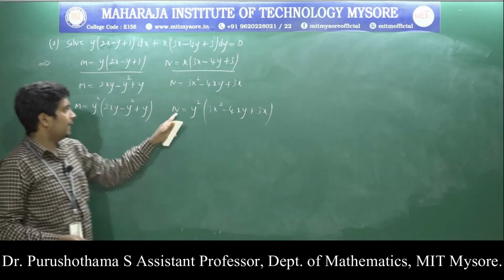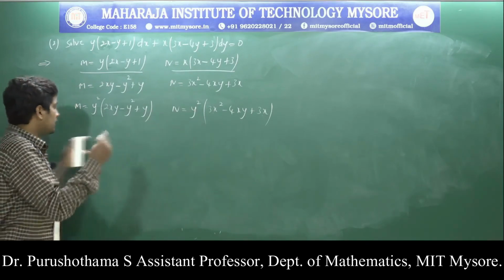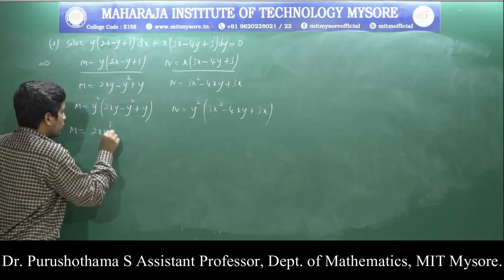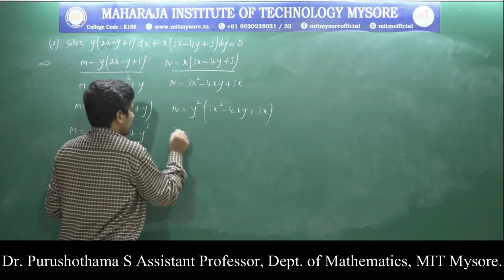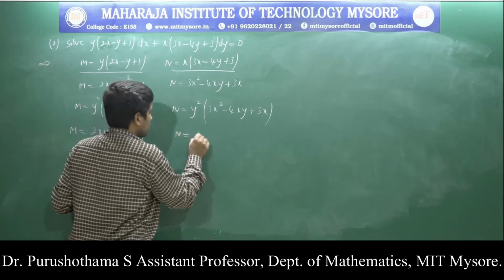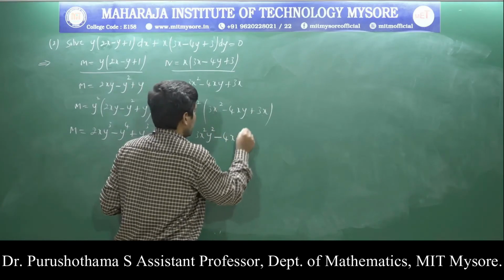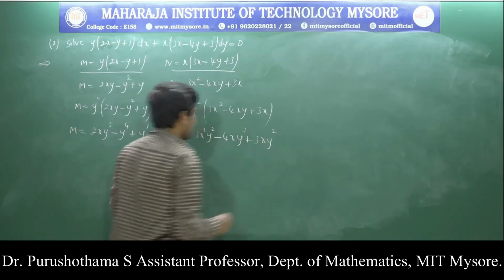So both m and n are multiplied by the integrating factor y square. In the next line, m is the same as 2xy cube minus y power 4 plus y power 3, and n is the same as 3x square y square minus 4xy cube plus 3xy square.